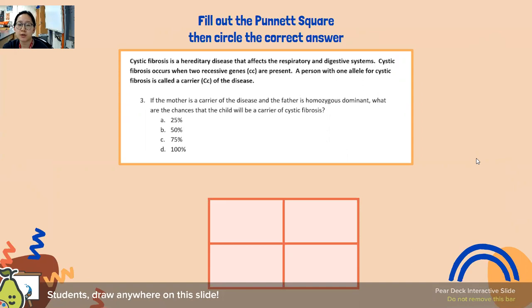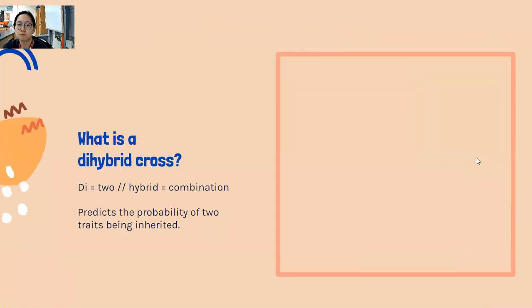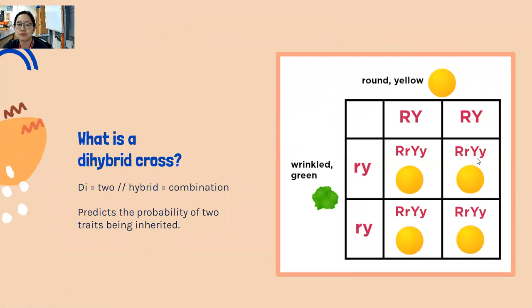So we're going to set up the Punnett square now. And solve. There's also dihybrid crosses. The ones we've been doing so far are monohybrid crosses. And dihybrid crosses are when you have 2 traits at a time, right? And we're combining them into one table to make it easy to track what's going on.